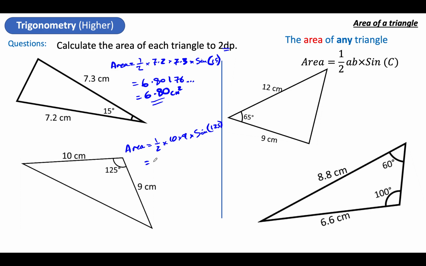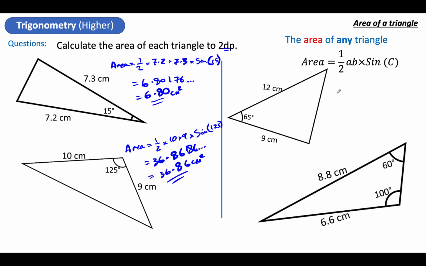And we get the answer of 36.86184, etc., etc., etc. 2 decimal places, 36.86 centimeters squared. That looks awful, doesn't it?